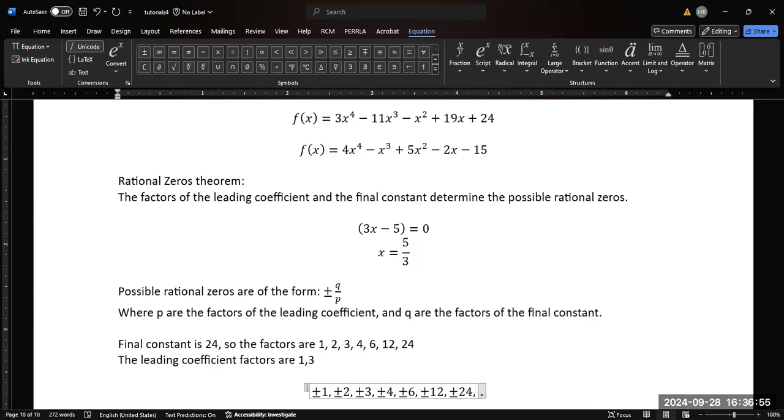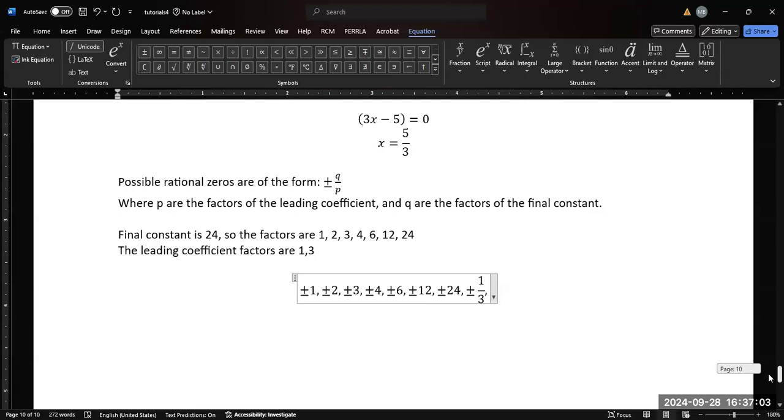But now we also have to divide all of those by 3. So plus and minus 1/3, plus and minus 2/3. Now, if I divide 3 by 3, I get 1, which is already on the list, so we'll skip that. 4/3. 6 divided by 3 is 2, that's already on the list.